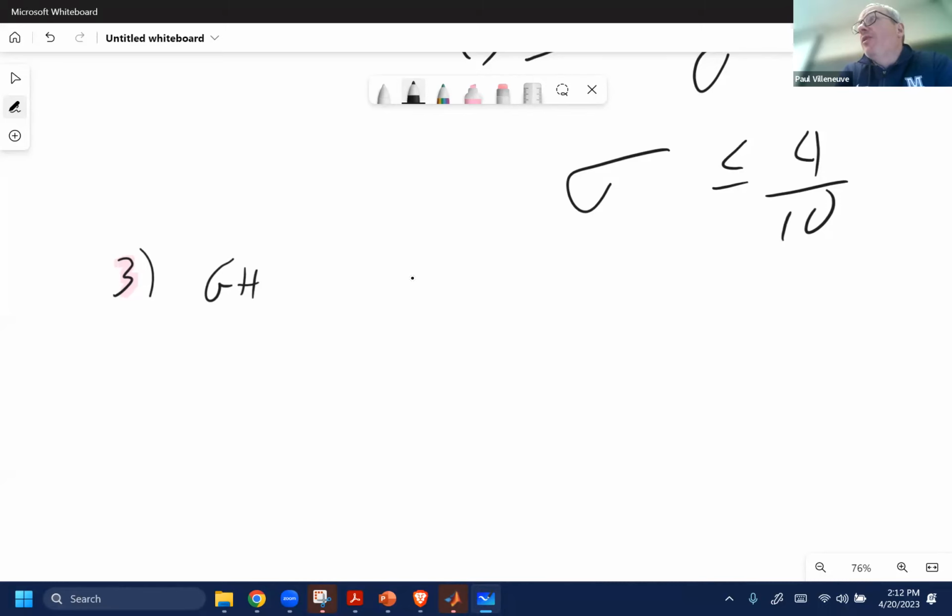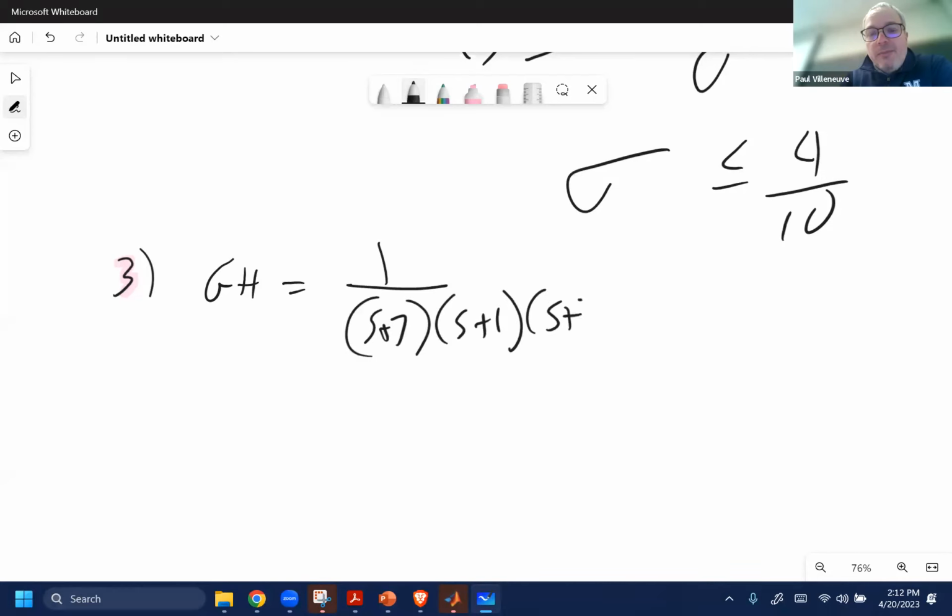You have to use the open loop, not the closed loop transfer function, because we start at the open loop poles and we end at the open loop zeros. So my GH is going to be equal to 1 over S plus 7 times S plus 1 times S plus 2.